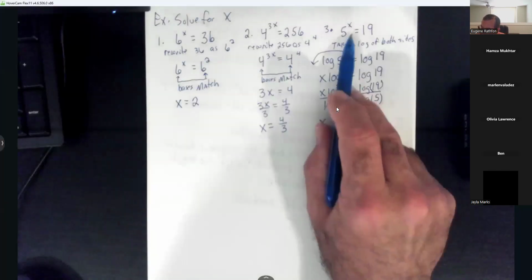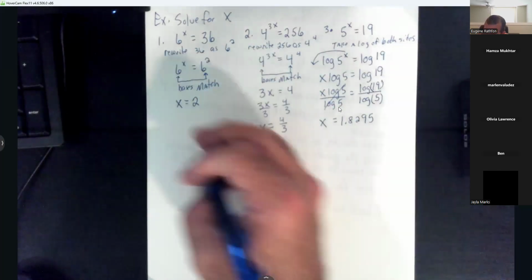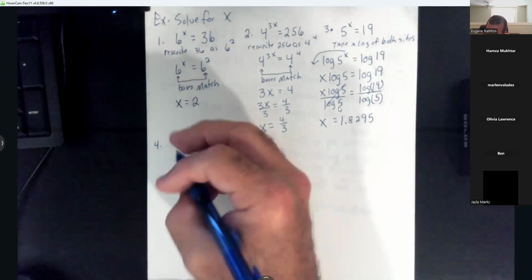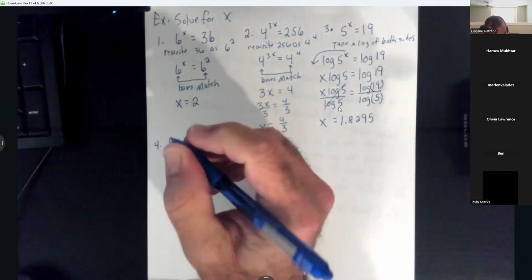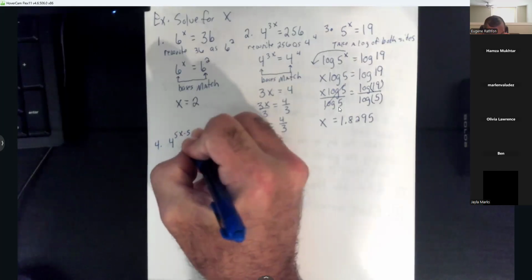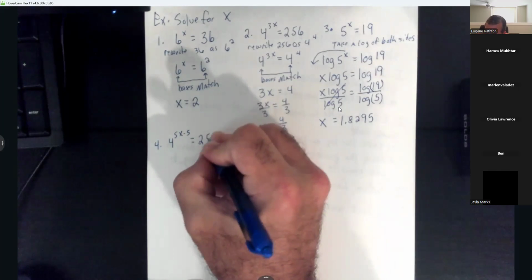Now, you also remember, if you can't rewrite the base, you're going to round them decimals out, okay? Now, also number 4 here has 4 to the 5x minus 5 equals 256.